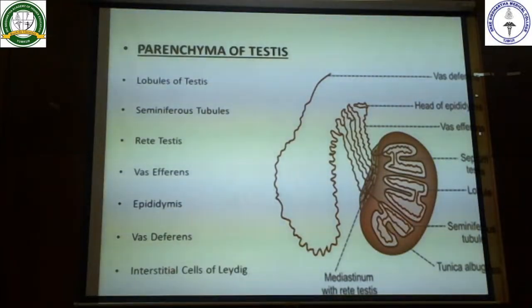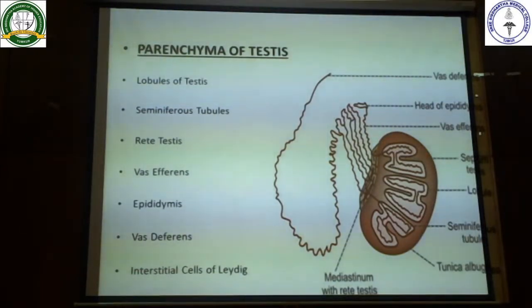Then you have the rete testis, the area where all the seminiferous tubules converge, which is present in the mediastinum testis. Followed by the vasa efferentia. From the rete testis arise about 6 to 8 vasa efferentia, which join together to form the epididymis.